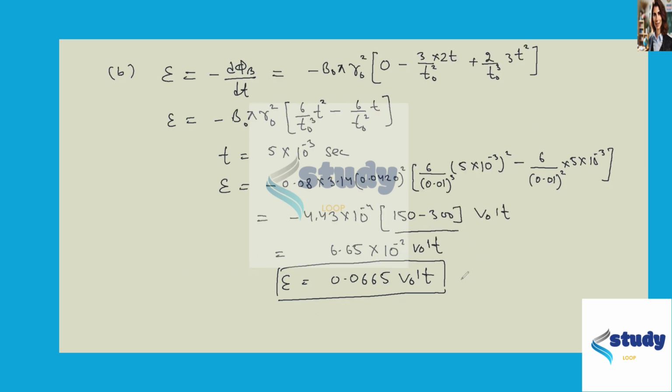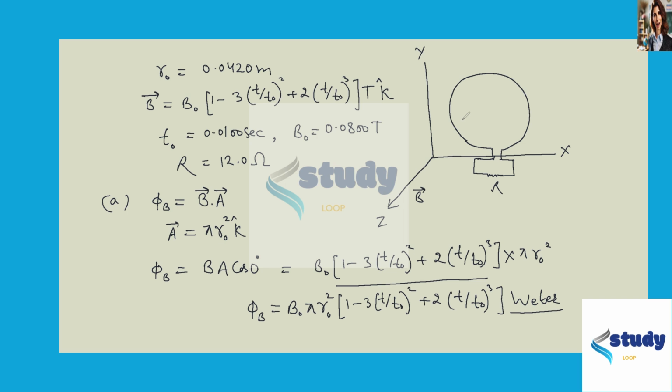The reason behind the EMF induced will be this flux, which is outward as it is along the z-axis. So we can say this magnetic field will be coming out of this coil.